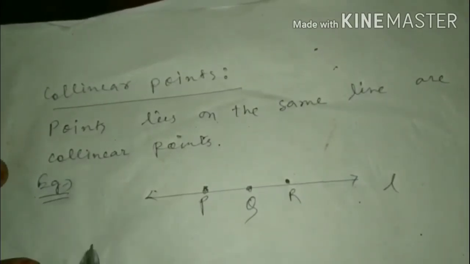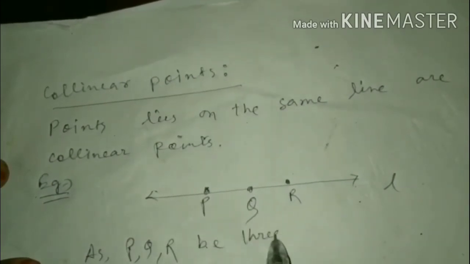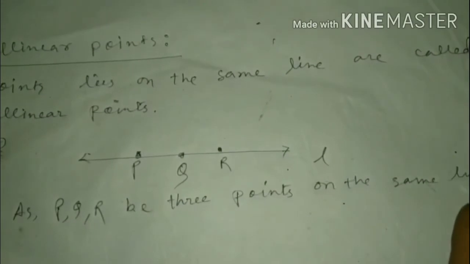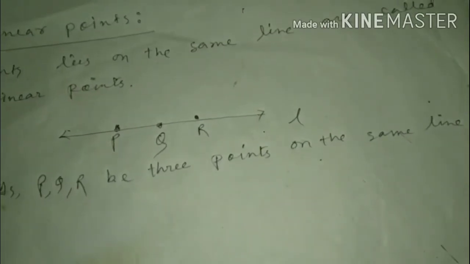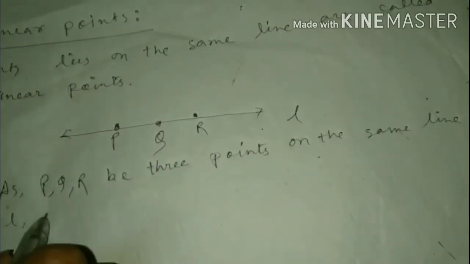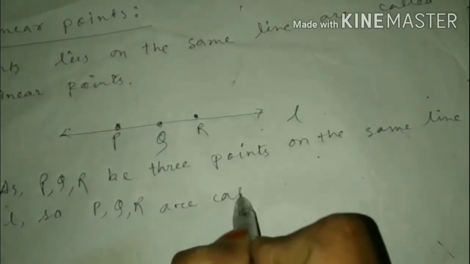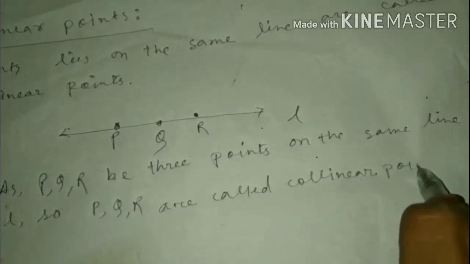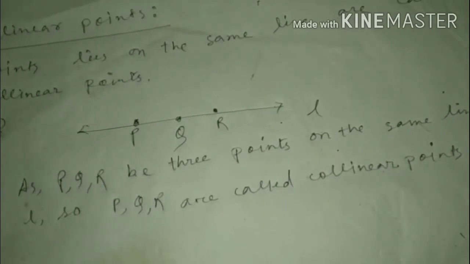So P, Q, R are called collinear points. So I think we already have an idea about the definition of collinear points.